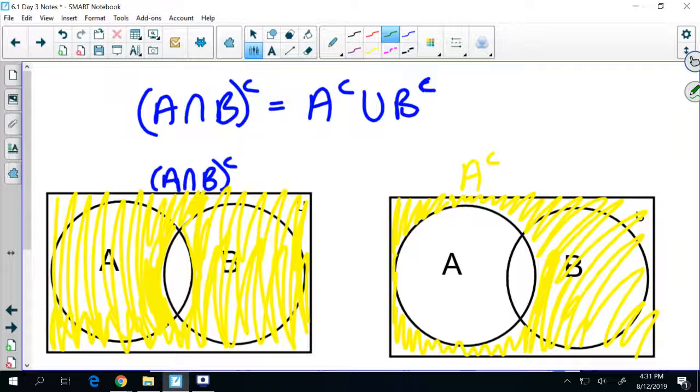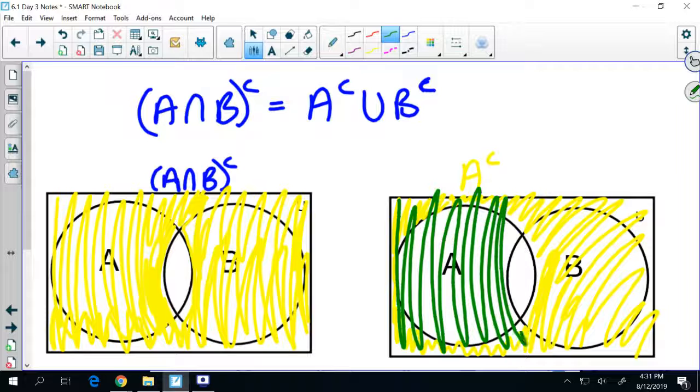And then everything but B would be all of this, right? Oh, not B. So this would be B complement. And if I want the union of that, I want both of them. So I want everything that's shaded, either green or yellow or both green and yellow. And again, you can see that those are the same thing. So those are a law with sets. Not that you have to memorize it, but it's just something to think about. Okay?